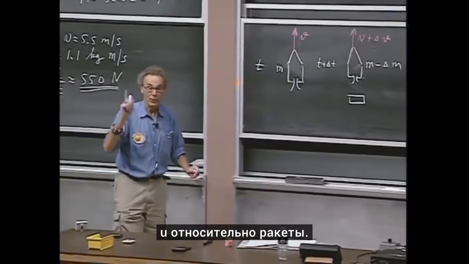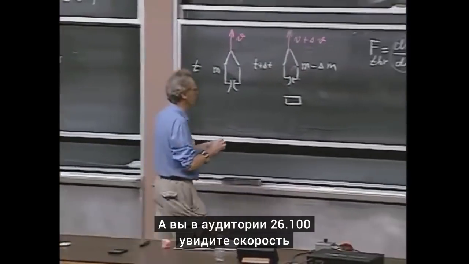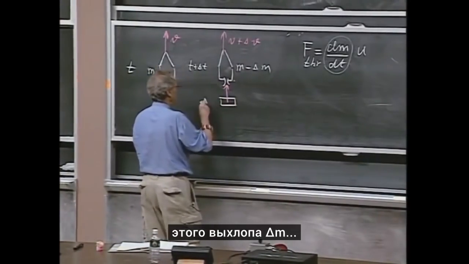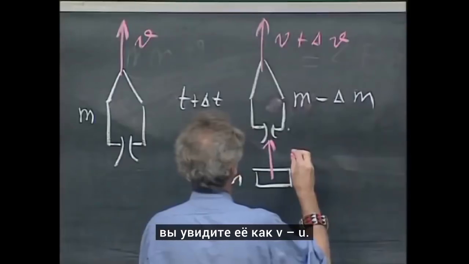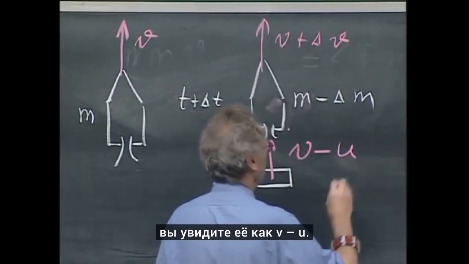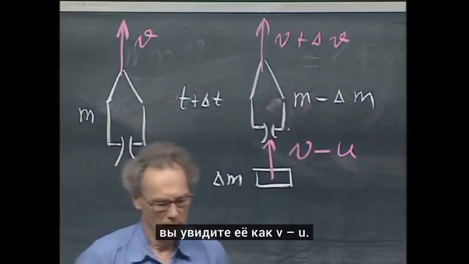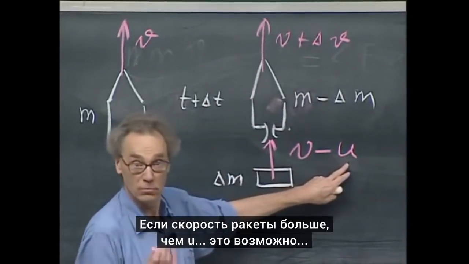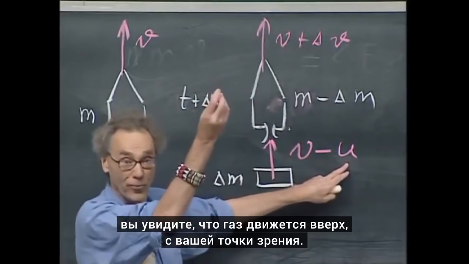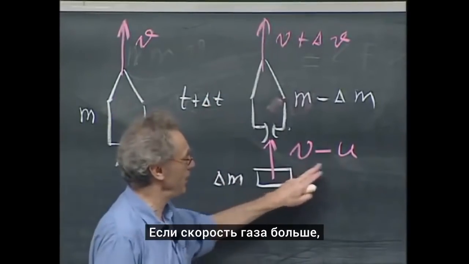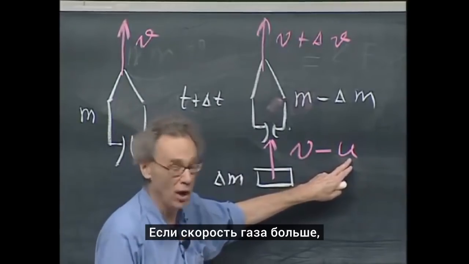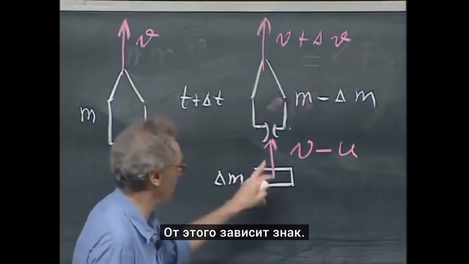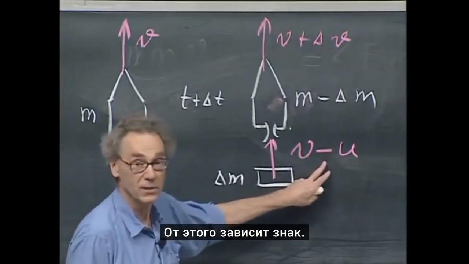So you in 26-100 will see the velocity of this little piece delta m to be v minus u. If the velocity of the rocket is larger than u, could be, you will see the exhaust going up from your frame of reference. If the velocity of the exhaust is larger than the velocity of the rocket, from your frame of reference you will see it go down. That's taken care of in the signs.